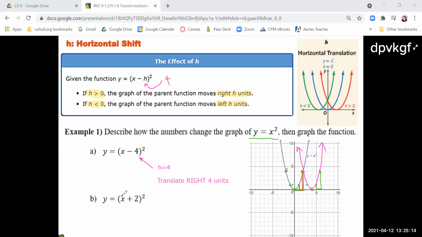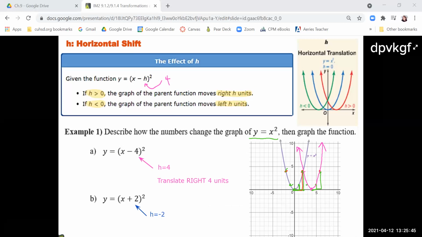All right, so now we're going to do part B. So first things first, let's identify our H. So we have a +2 here, which means our H is the opposite of that, which is -2. Because if we substitute a -2 into the original function at the top in the blue box, x minus a -2 would look like x plus 2.